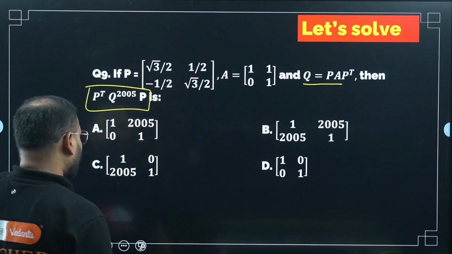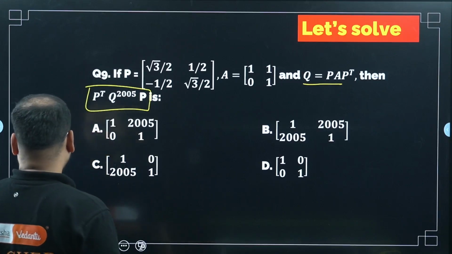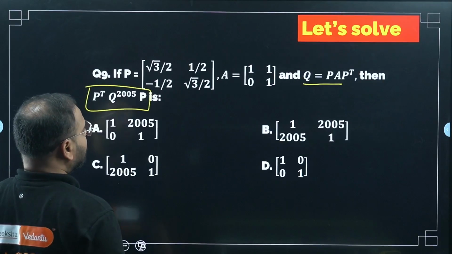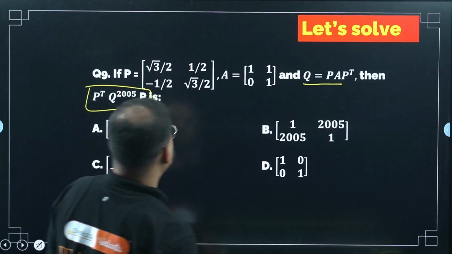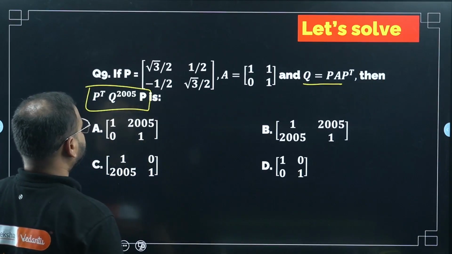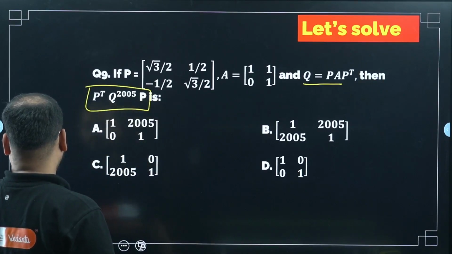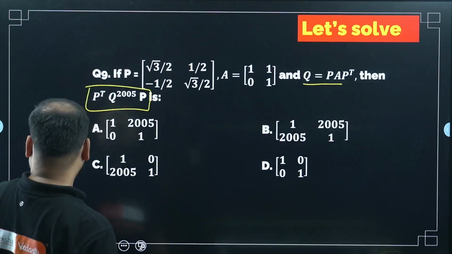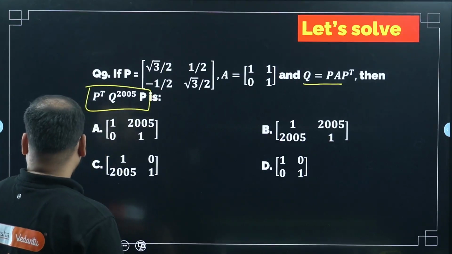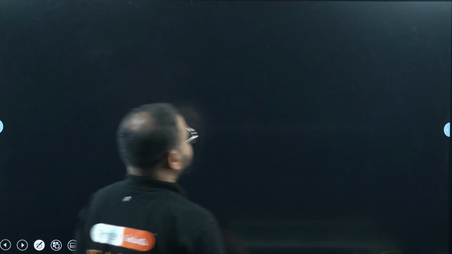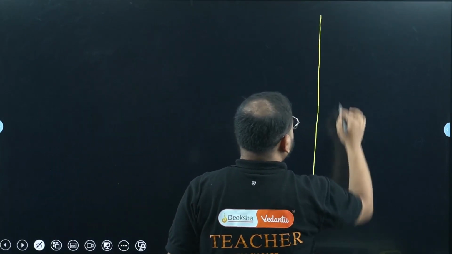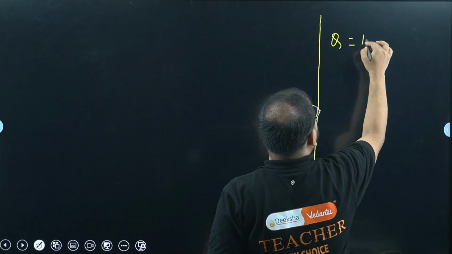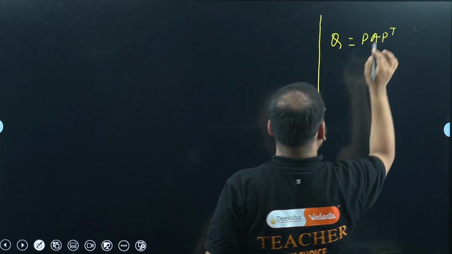Let's check here first. Let me write the values of this. We'll do it in the next slide. Q equals PAP transpose.